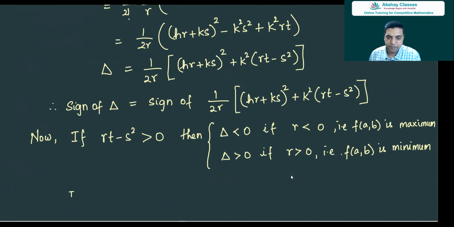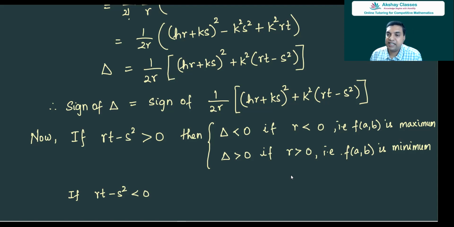Now, if rt minus s square is less than 0, this is negative. Now at a comma b, the r, s, and t values are fixed, and this is negative.